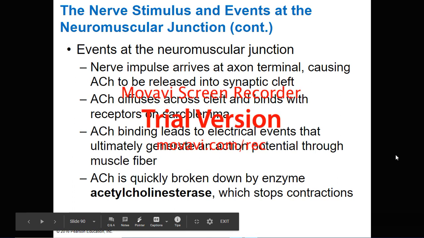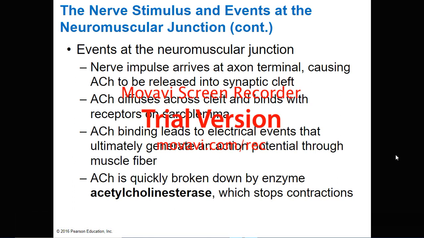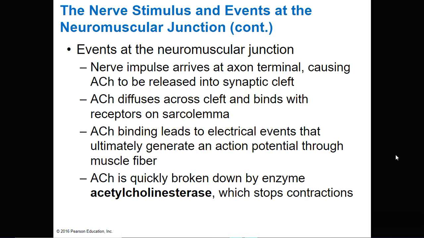This slide is pretty much summarizing what we talked about on the figure. So again, you get a nerve impulse, so an action potential travels down an axon terminal, causing acetylcholine to be released into the synaptic cleft.